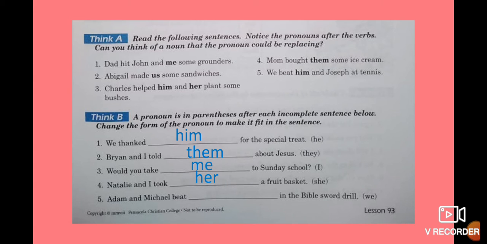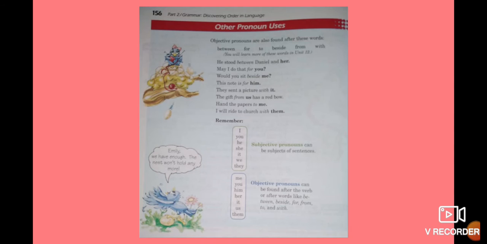Number 5, Adam and Michael beat us in the Bible word drill. So you notice that the objective pronoun for he is him, they, them, I, me, she, her, and we, us. Excellent job.